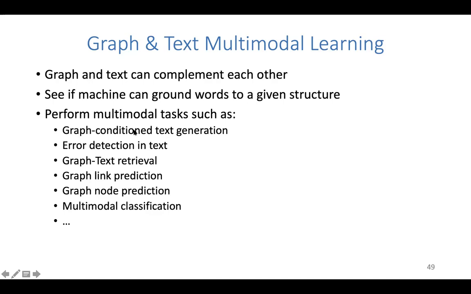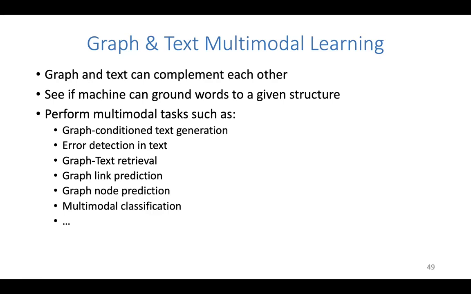Given a graphical structure, we want to generate unstructured text from the graph, just like we were able to generate text from the medical chest X-ray image. We want to do the same for the EHR graph. So given an entire admission structure, we want the model to write a discharge summary.